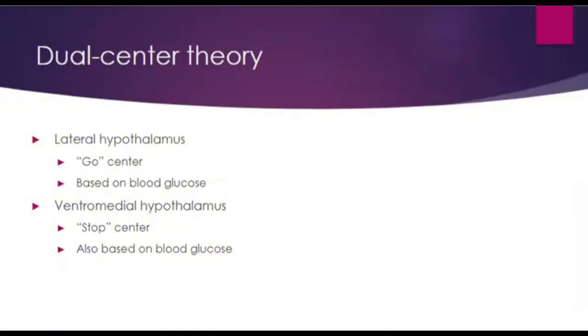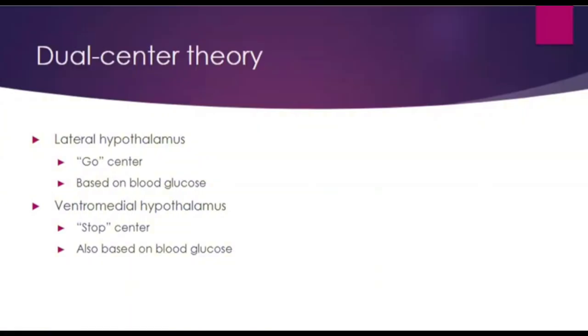And the dual center theory is from your book, the lateral hypothalamus serves as a go center for eating. So in other words, there's two regions of the hypothalamus, the lateral and the ventral medial hypothalamus. And they're essentially both based on blood glucose. But one is telling you to start eating, and that's the lateral hypothalamus. And then there's one that's telling you to stop eating, and that's the ventral medial hypothalamus.